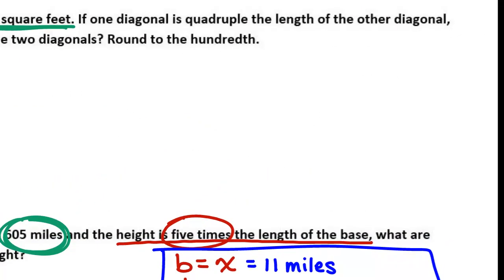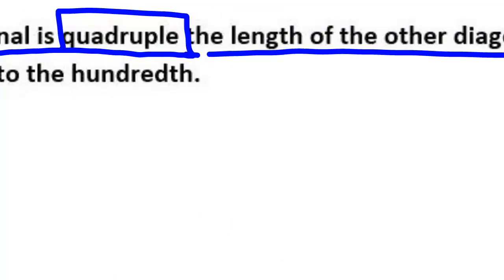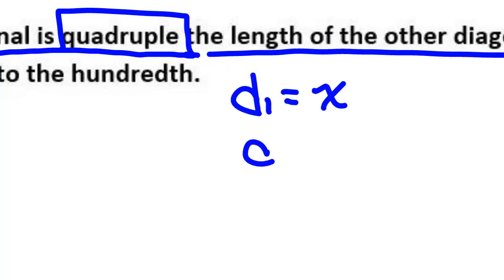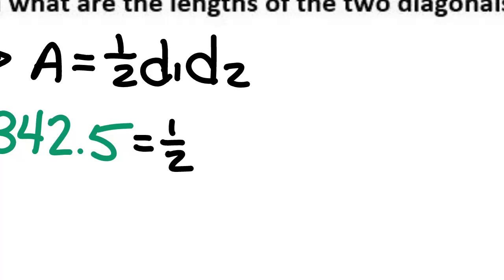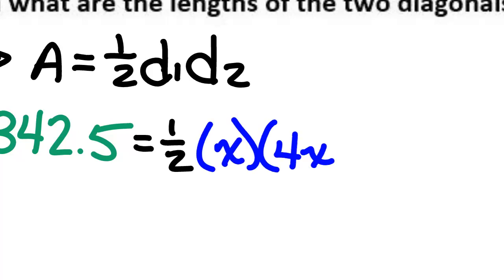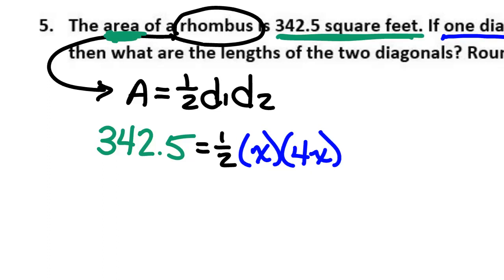It says one diagonal is quadruple the length of the other diagonal. So one of my diagonals I'm going to call x, because I have no idea how big it is. The other one is quadruple, or 4 times that size, so we're going to call it 4x.